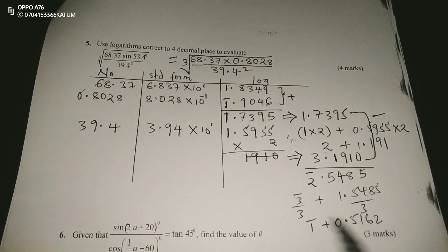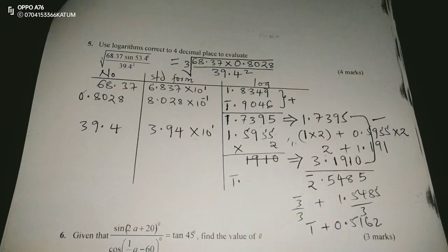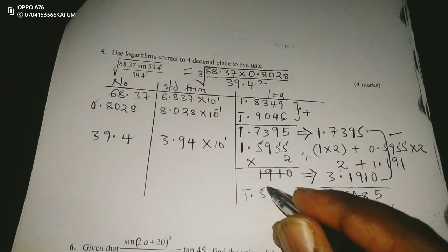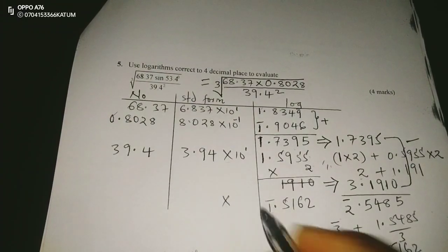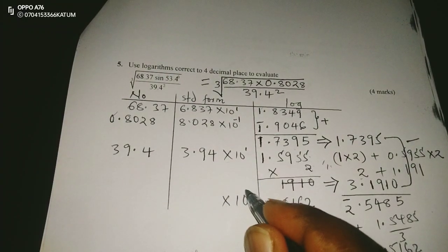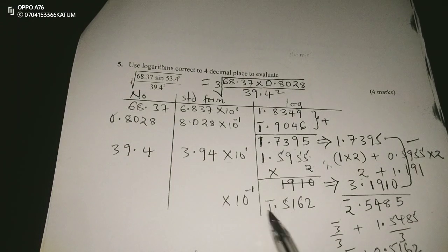So when we combine all these, we're going to have bar 1.5162. Then now we have to multiply times 10 power negative 1 because of bar 1, then the antilog of 0.5162. So shift log of 0.5162.